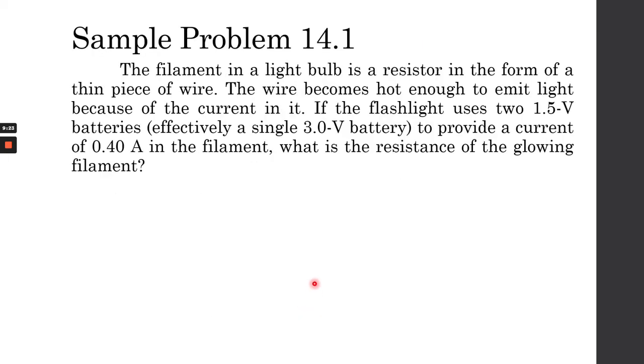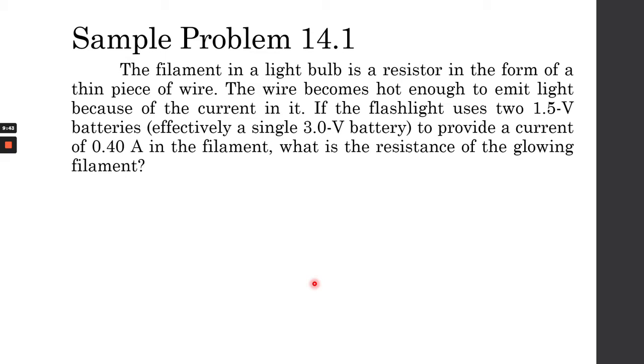So example, problem 14.1. The filament in a light bulb is a resistor. So meron kang light bulb and yung filament is a form of resistor. And it's a form of thin piece of wire. And the wire becomes hot enough to emit light because of the current in it.